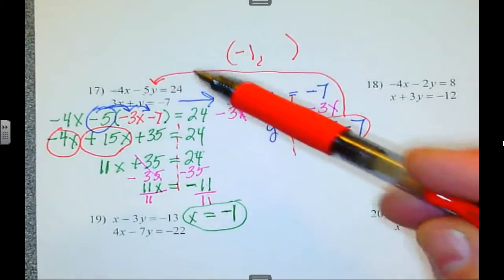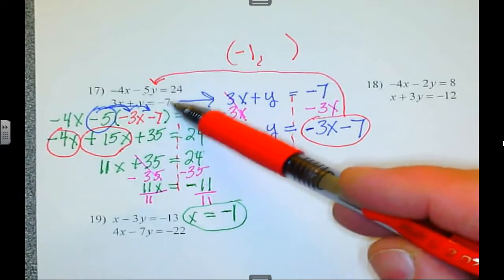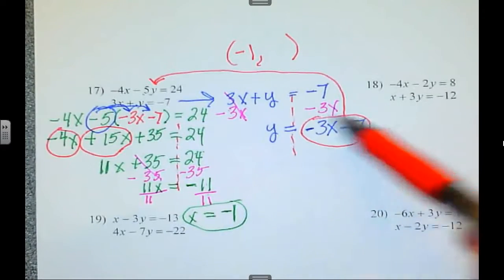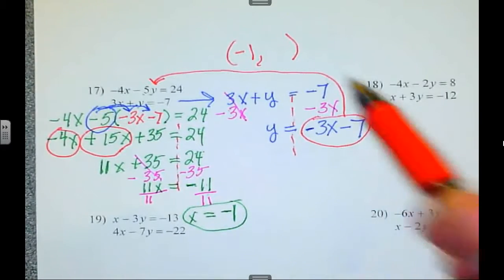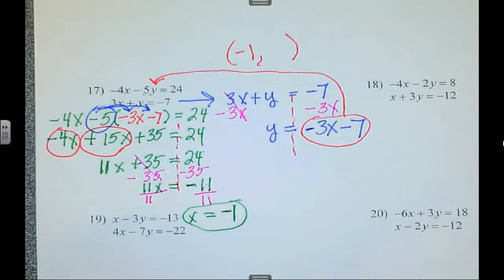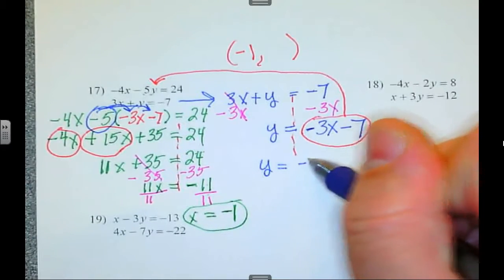Now, normally I would say go back to your original equations, but this time I'm going to use this one. I'm really confident I have this right. This is going to be easier to figure out what y is. Y equals negative 3x minus 7.